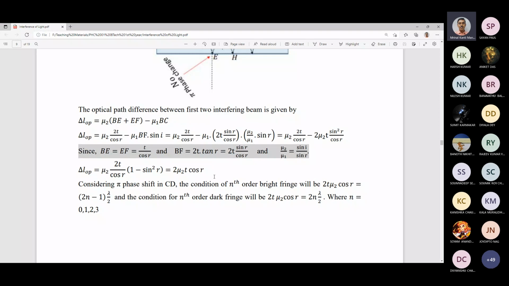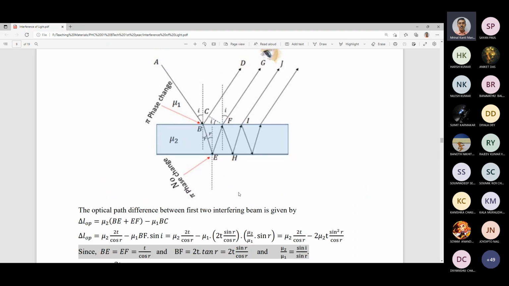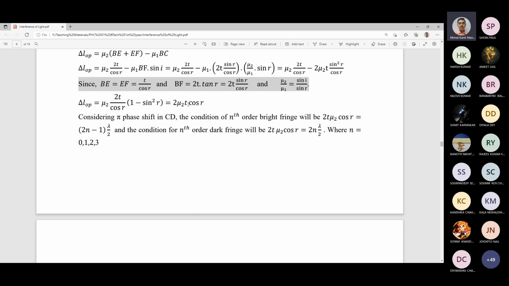If this condition satisfies the condition of maxima, then we will get the maximum intensity at the point of interference. If this satisfies the condition of minima, then we will get the minimum intensity at the point of interference.